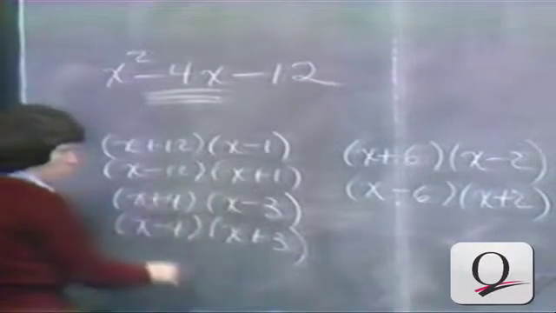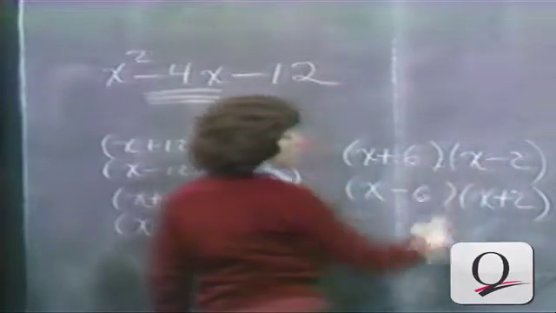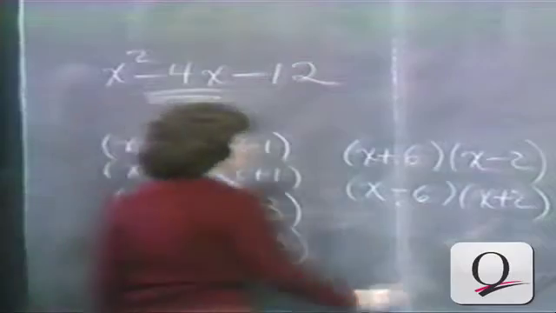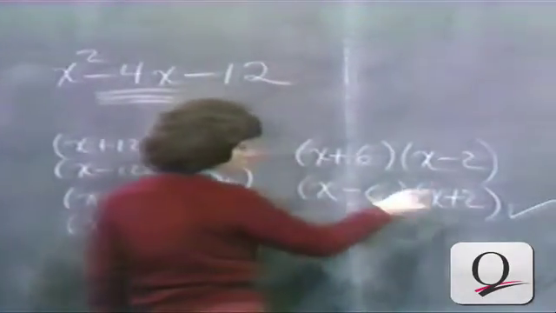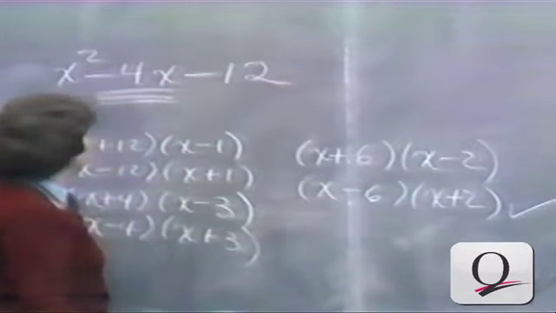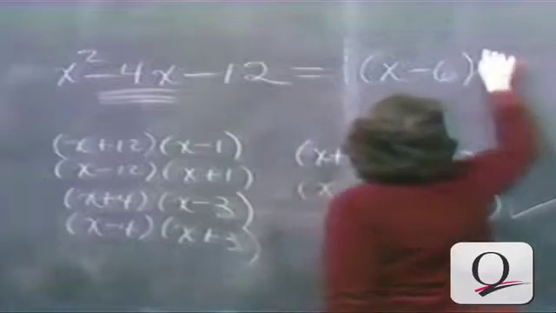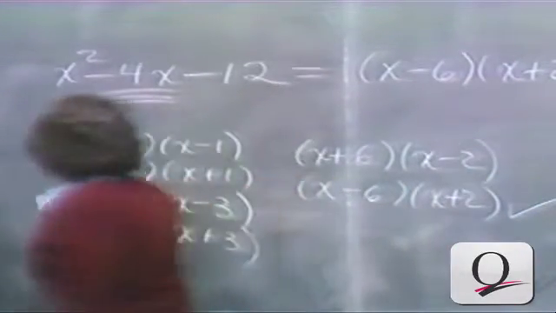Here, plus 3x and minus 4x for the minus 1x. So these are out. Okay, minus 2x and plus 6x gives you plus 4x. We're close. We want minus 4x. And the last one is the one that works. Gives you the plus 2x, the minus 6x for the minus 4x in the middle. So this factors into x minus 6 times x plus 2.